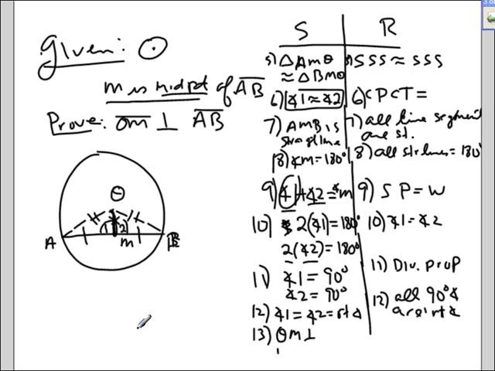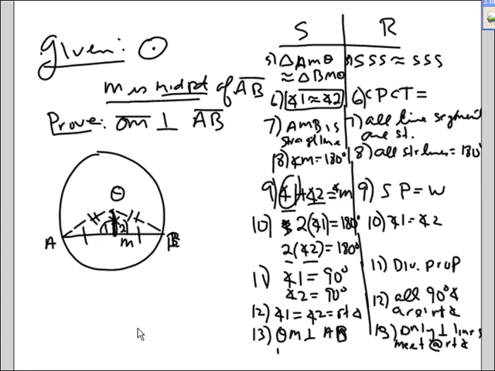OM is perpendicular to AB. Why? Only perpendicular lines meet at right angles. Okay, so there's the proof.